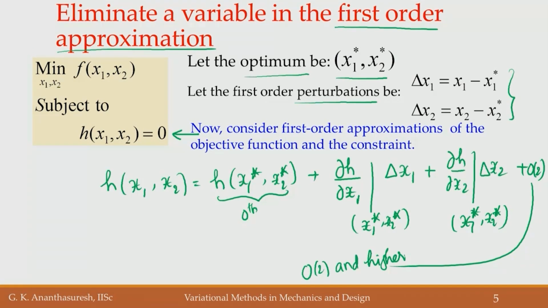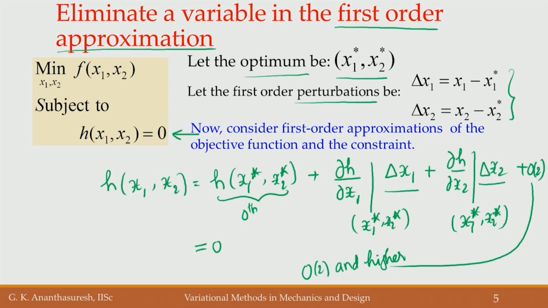Okay. Why do we do this? Because when we take the approximation of this equality constraint, which is not amenable to eliminating one of the variables, we take up to first order and make it equal to 0. That is, if you ignore all these higher order terms, then you make it 0, and this will be a linear equation in terms of the perturbations delta x1, delta x2.